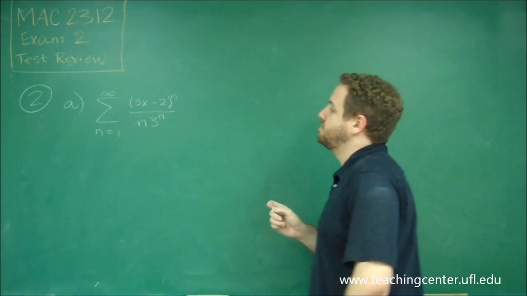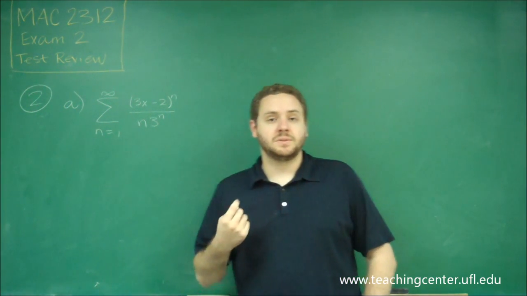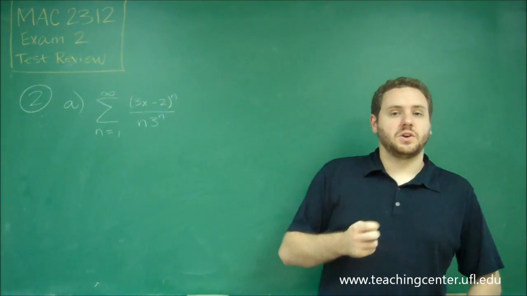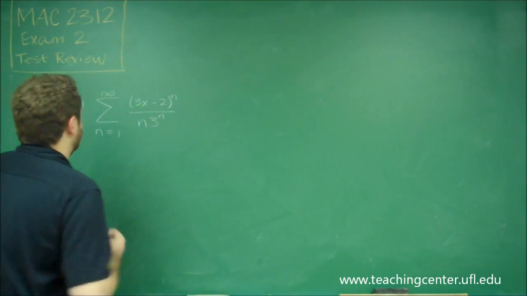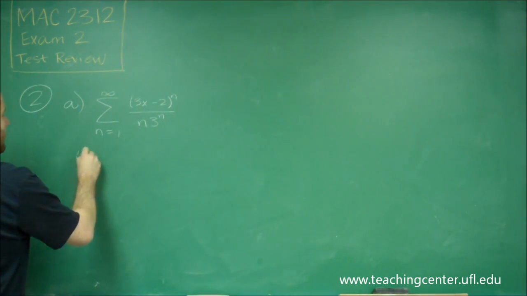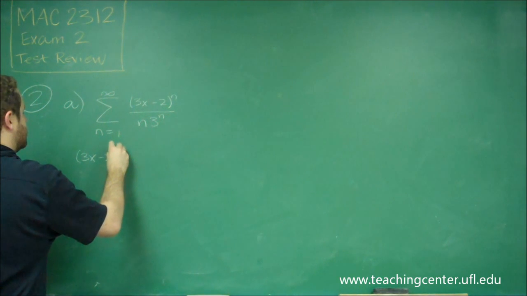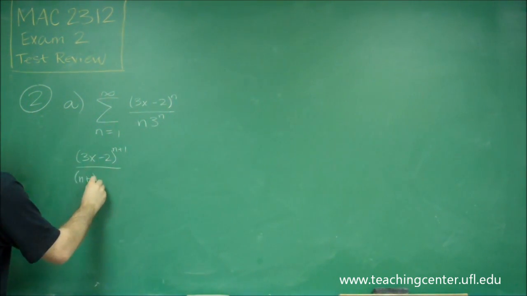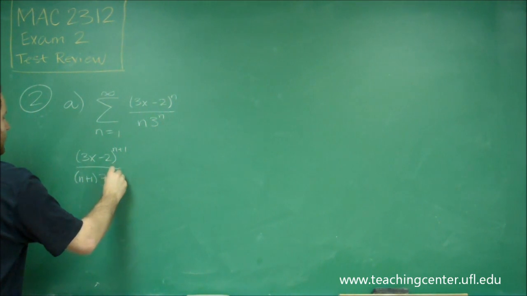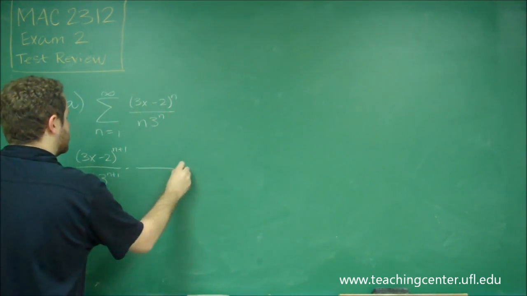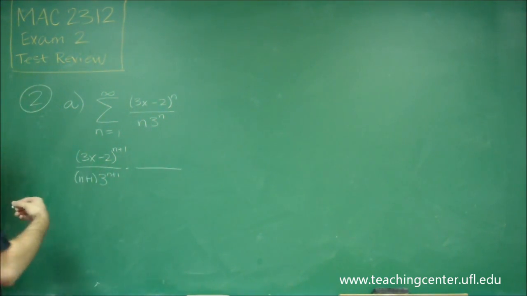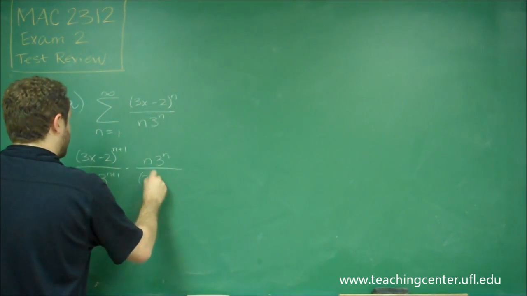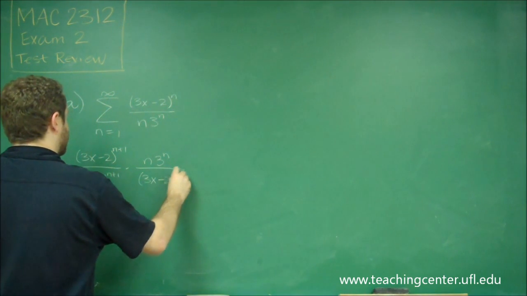Typically, for these problems, you're going to have exponential terms, which should let you know that using the ratio test is usually a good idea. So, by the ratio test, we're going to have (3x minus 2) to the n plus 1 all over (n plus 1) times 3 to the n plus 1, times the reciprocal of our original, n times 3 to the n over (3x minus 2) to the n.